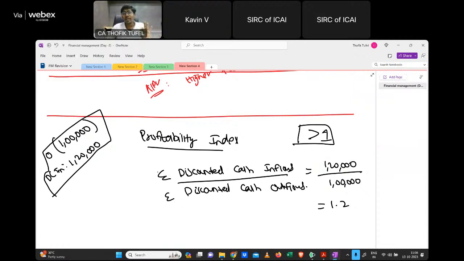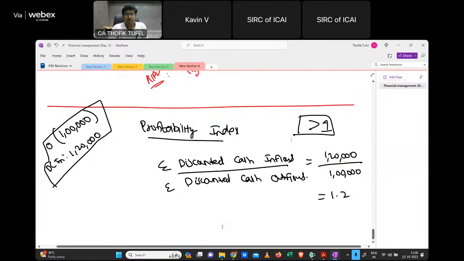Under net present value, positive you accept, negative you reject. Under profitability index, more than 1 you accept, less than 1 you reject. If it is 1, discounted cash inflow equals discounted cash outflow, and your decision becomes indifferent. Many times this question comes: positive, negative I know, but what if NPV is 0? Then it is indifferent.